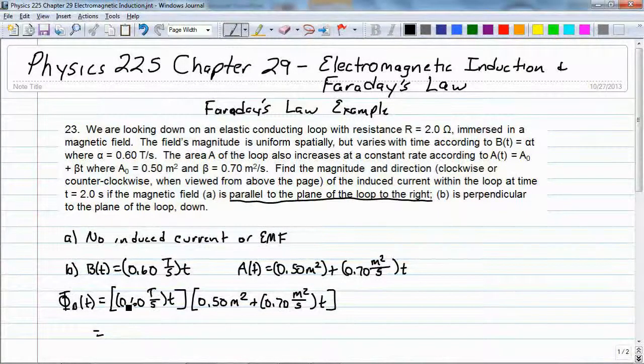Okay, now I have 0.60 times 0.50, and that's going to give me 0.30, and then I'm going to have the units Tesla meter squared over seconds times t, plus, actually I want to put these in parentheses, 0.42, and it's going to be Teslas meter squared per second squared times t squared.